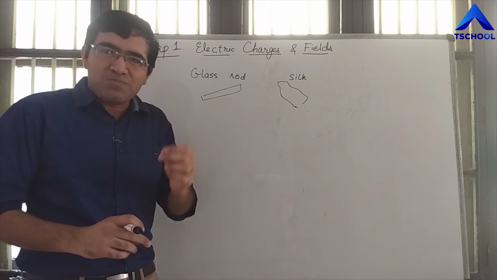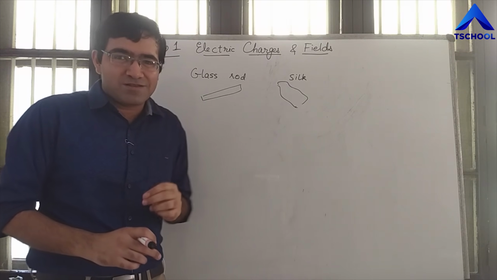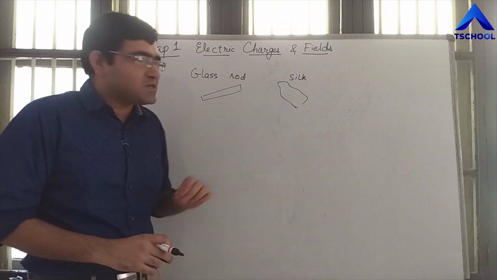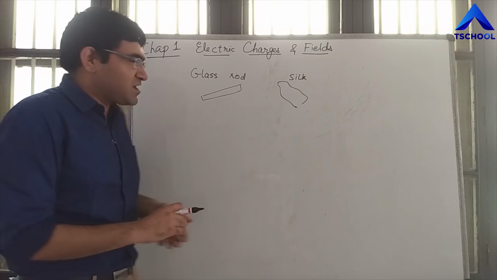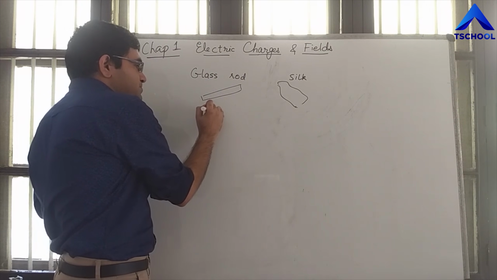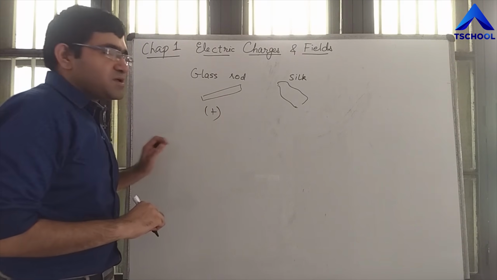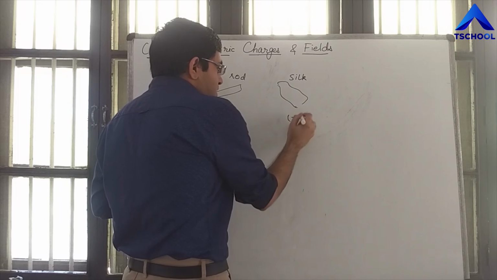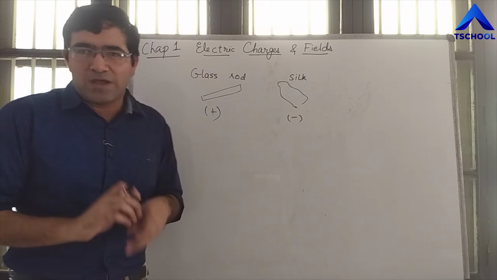And people, especially Benjamin Franklin, the famous scientist, he gave the idea that we should call this one positive and we should call the other one negative. So what do I mean?